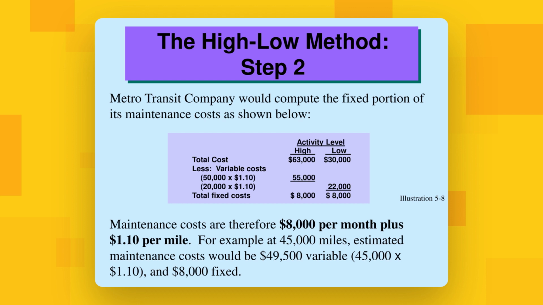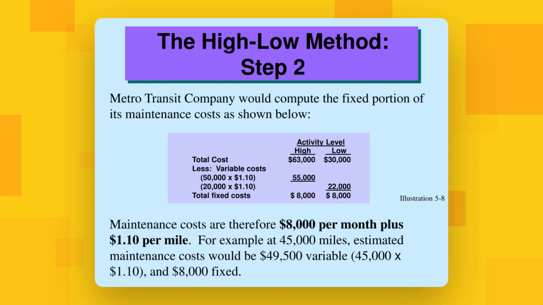Metro Transit Company would compute the fixed portion of its maintenance costs. For the activity level, go first with the high. What is the cost? The cost of the highest activity, 63,000. What would be the variable cost? Activity multiplied by your variable cost per unit.